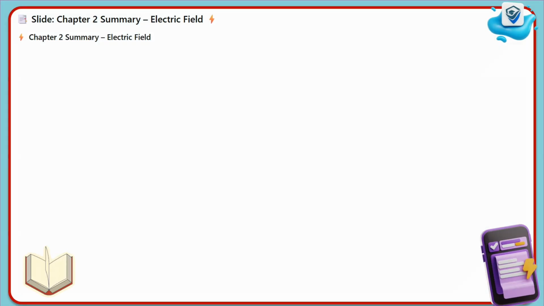We've reached the end of Chapter 2. Before moving on to the next chapter, let's quickly review the most important concepts and formulas from this chapter. First, remember the definition of the electric field. The electric field is the force acting on a positive test charge divided by the value of that test charge.